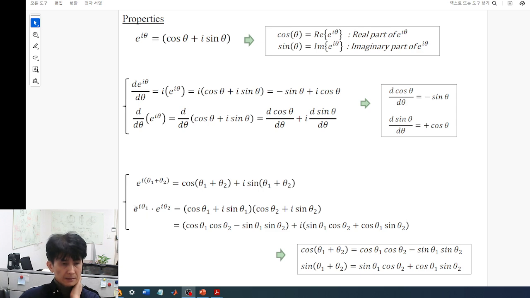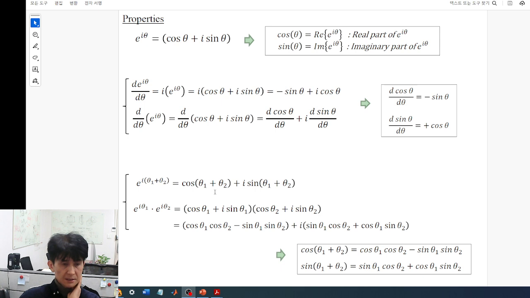And if we have two components of the Euler form separately, then we have cosine theta 1 plus i sine theta 1 and so on. Then if we have a product, this is the real part and this is the imaginary part.